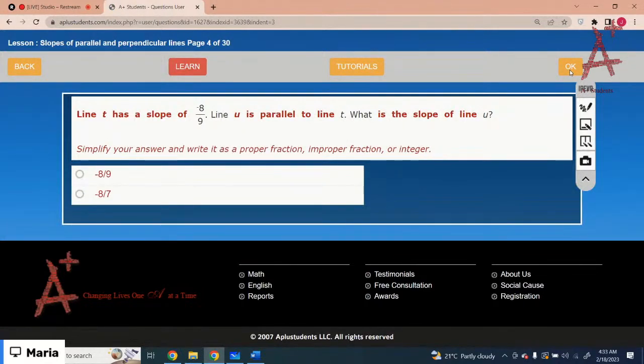Third question, the one I just completed. Line T has a slope of negative 8 over 9. Line U is parallel to line T. What is the slope of line U?